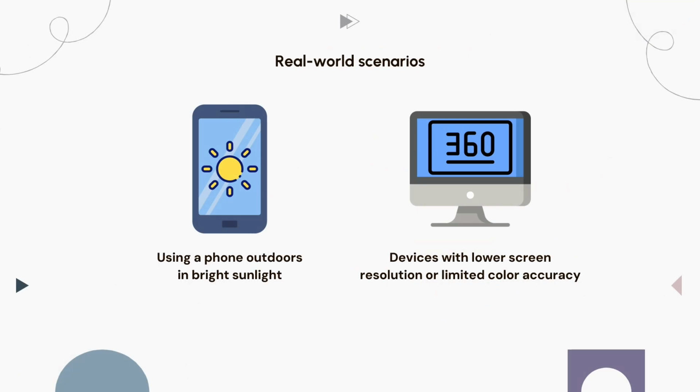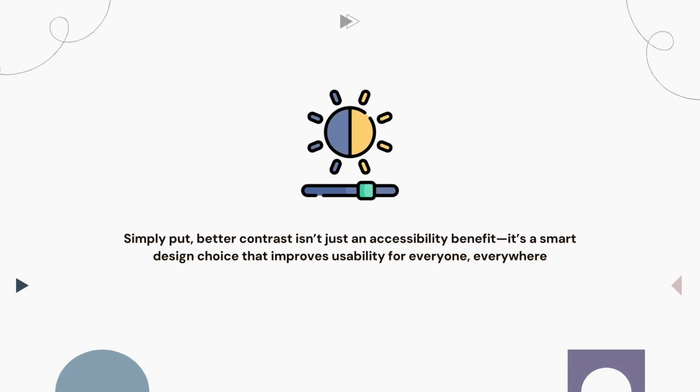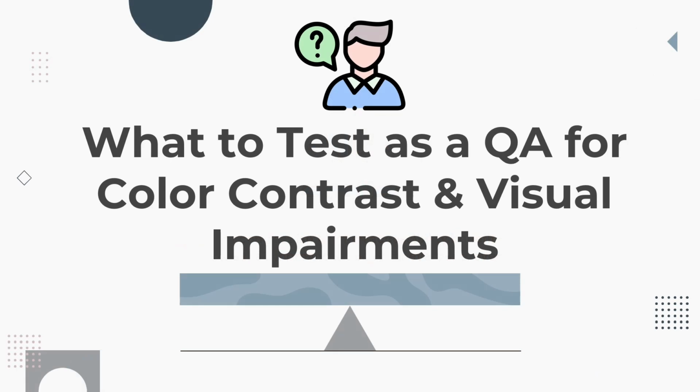Even people with perfect vision can struggle to see clearly under these conditions. By using higher contrast, you ensure that your interface remains clear, readable, and functional across a wide range of environments and devices. Simply put, better contrast isn't just an accessibility benefit, it's a smart design choice that improves usability for everyone, everywhere.